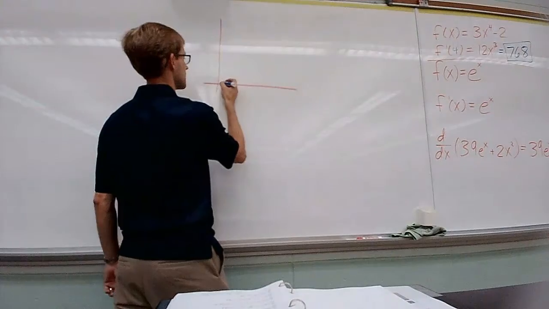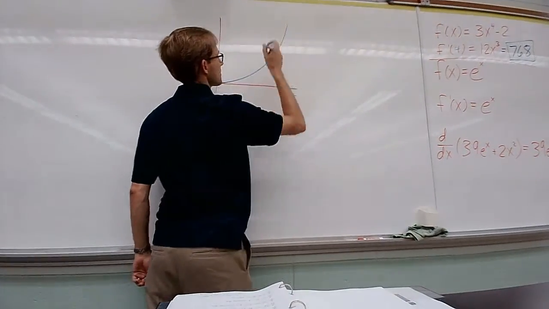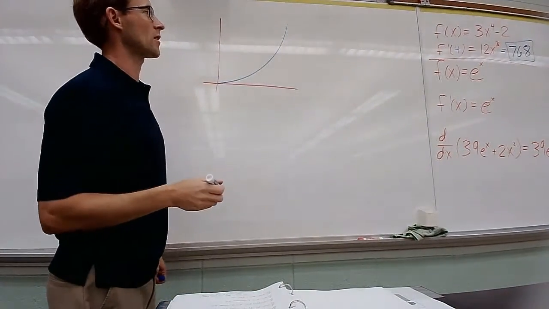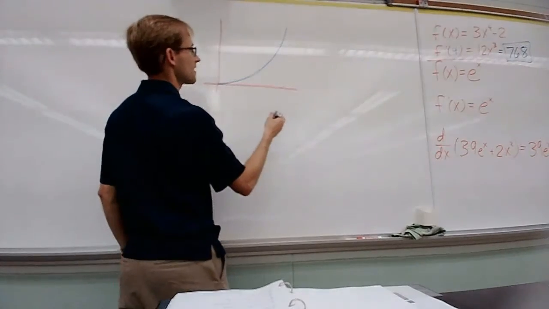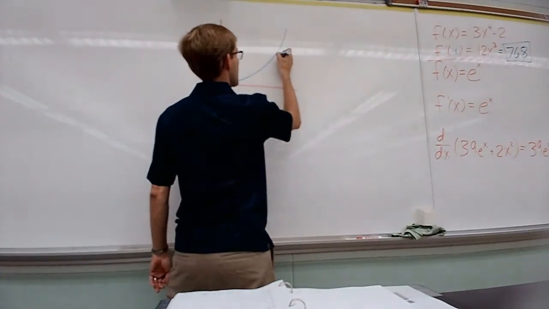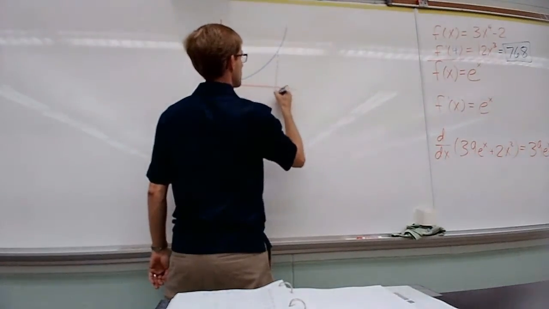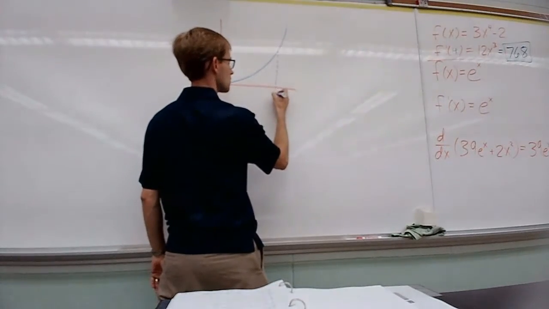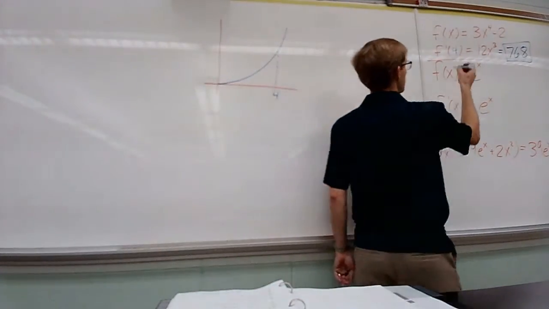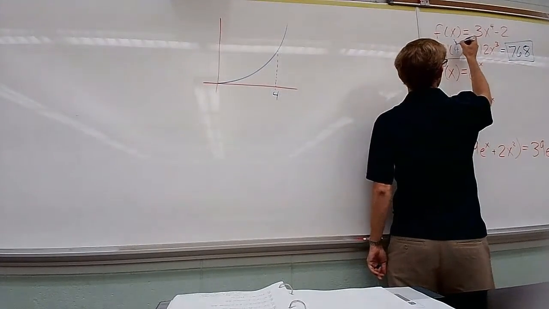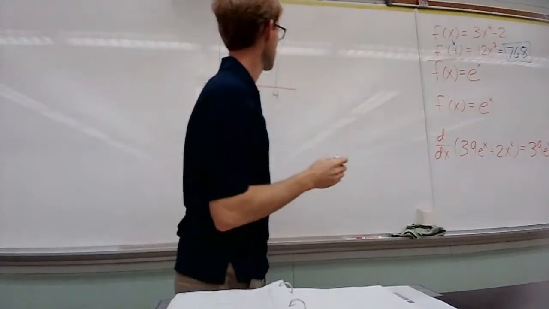Let's say the function looks like this. I don't know what it looks like, but it is an even function, so maybe it does look like that. When I put the number 4 in, see that 4 is the x value on your x-axis.